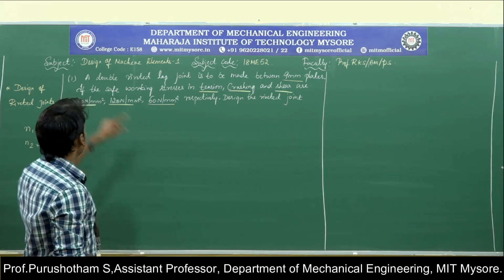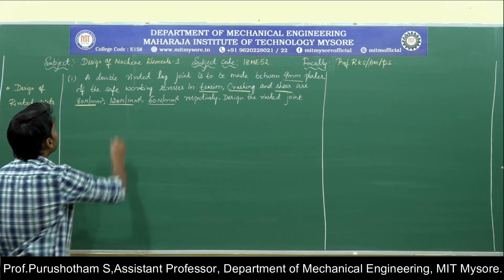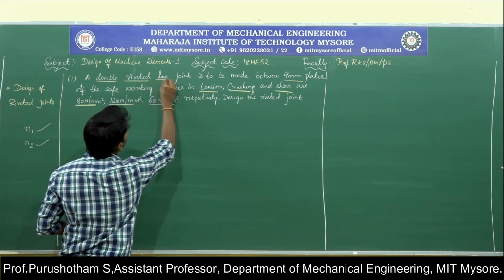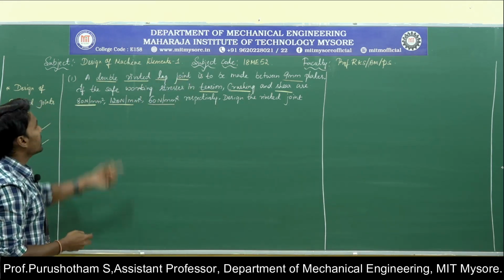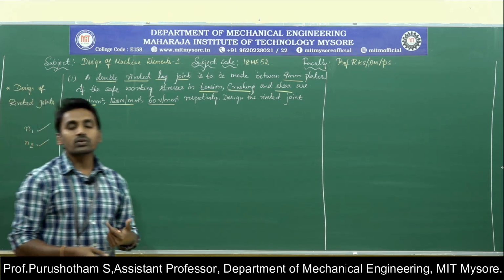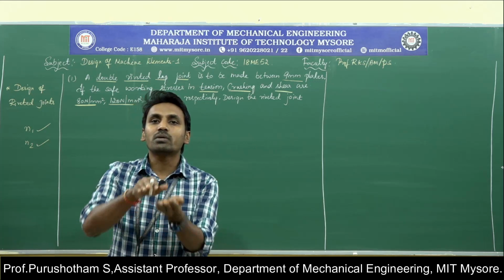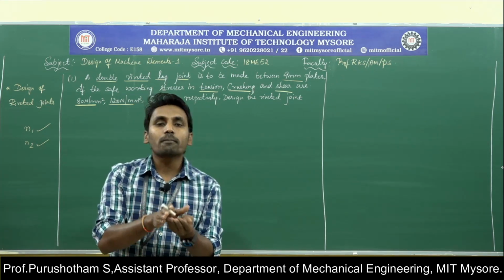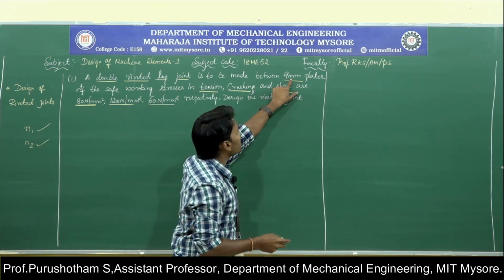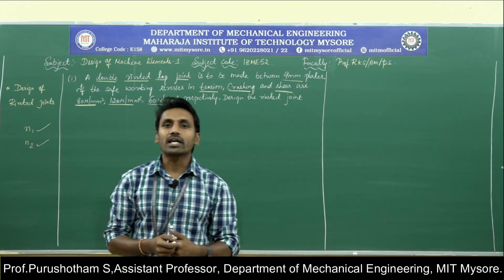So what are they given? They are given a double riveted lap joint. So that means we need to design a double riveted lap joint, where two rows of rivets are used to make a connection between two plates. The plate has a thickness of 9 millimeter.